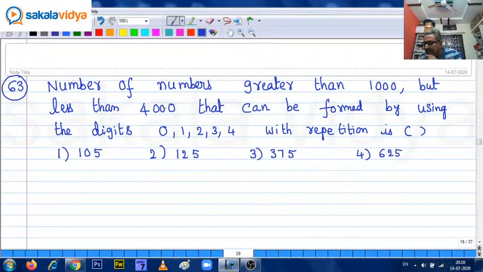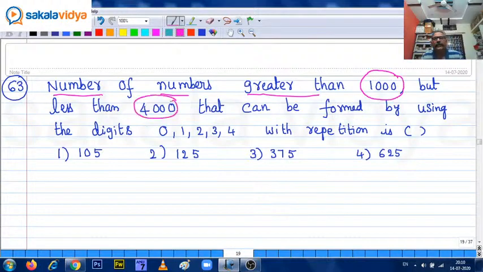So here the condition is there. What is the condition? The number of numbers greater than 1000 but less than 4000, formed by using 0, 1, 2, 3, 4 with repetition.